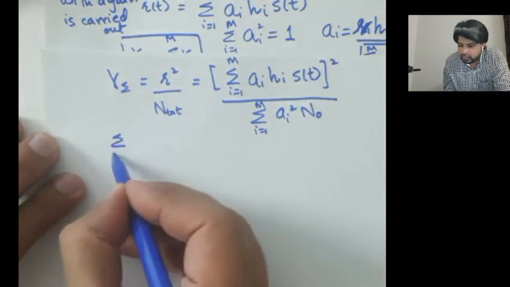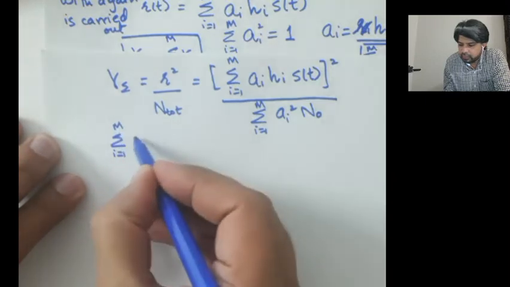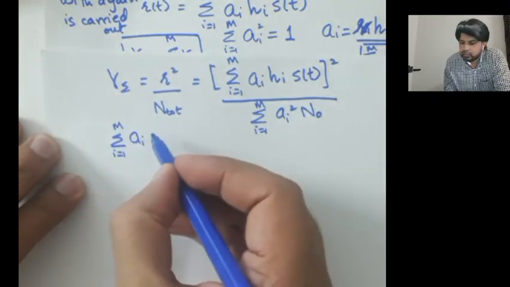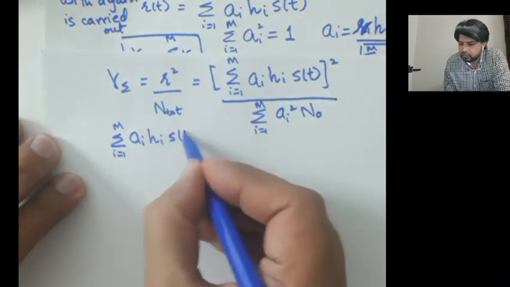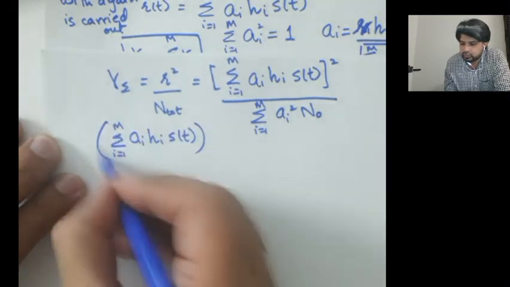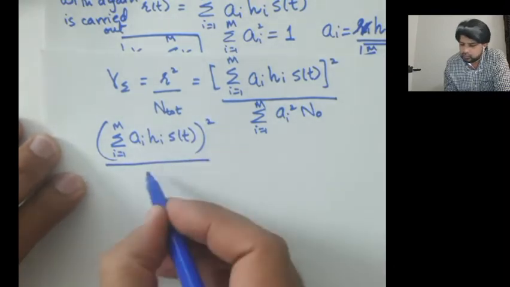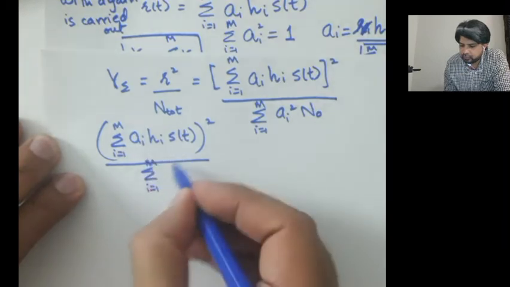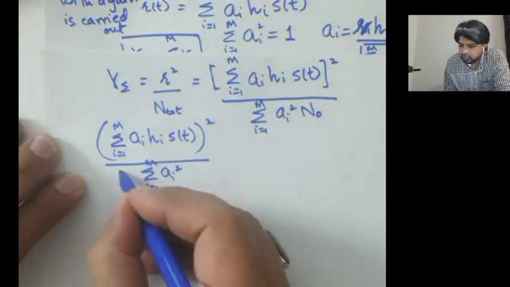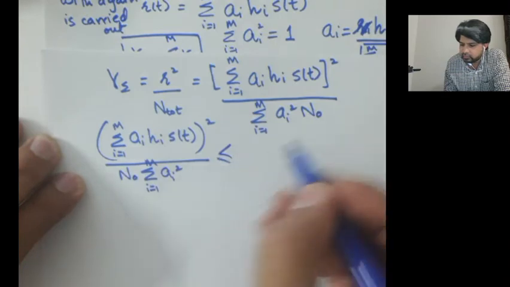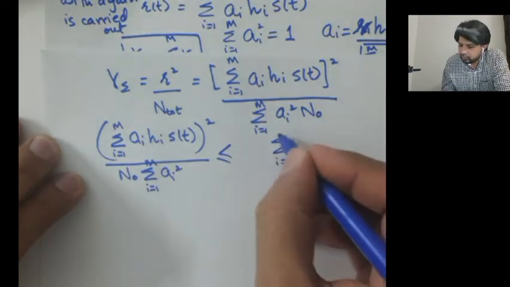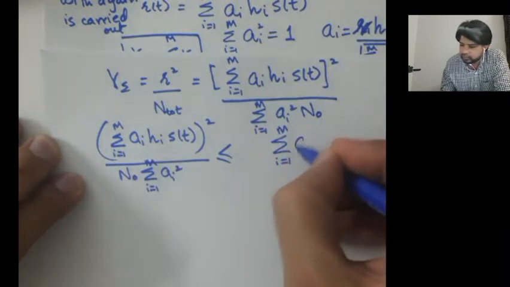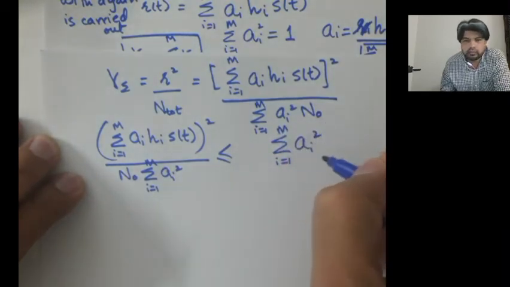Summation i equals 1 to capital M of a_i h_i s(t) whole squared over summation i equals 1 to capital M of a_i squared, and let me bring N naught outside, is less than or equal to summation i equals 1 to capital M of a_i squared. That would be one term, and the rest of the terms you would combine.